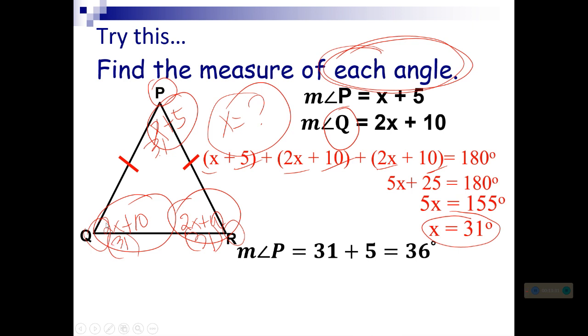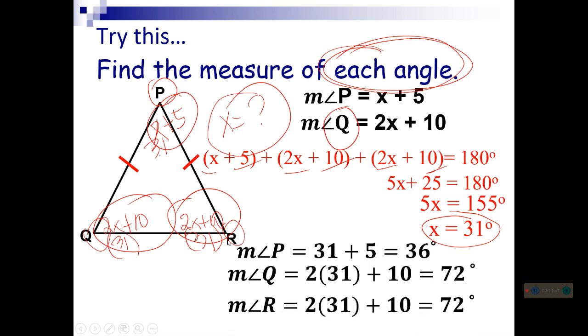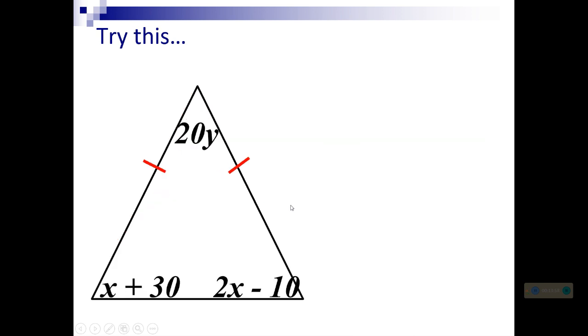So 31 times 2 is equal to, what do you think? Okay, so we have 62 plus 10 is equal to 72. That's correct. And of course, in angle R, we have also 2 times 31 plus 10 is equal to 72 degrees. Any question?